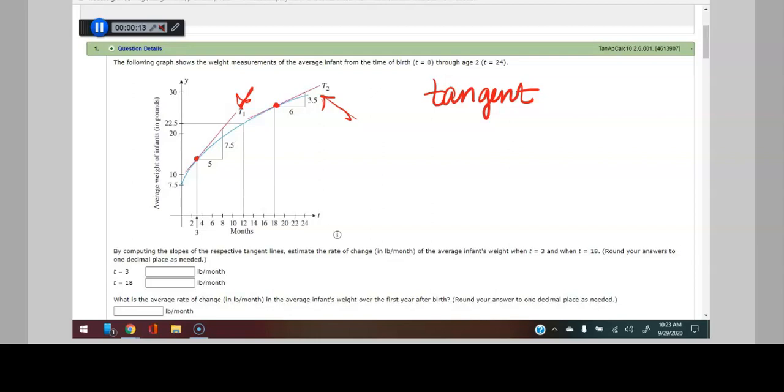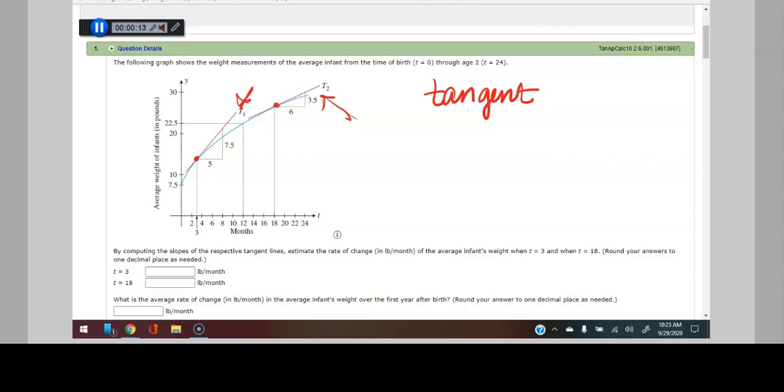Okay. So if I want to find the slopes of the tangent line, so this is just a practice one. If I want to use this point at 3, and so you can kind of see where I'm going here. If I want to find where t equals 3, then what is the estimated rate of change?